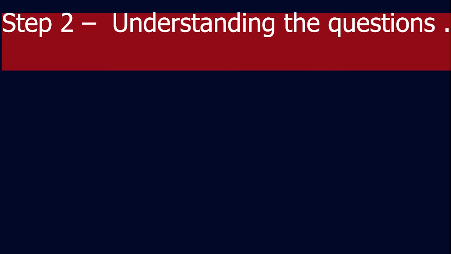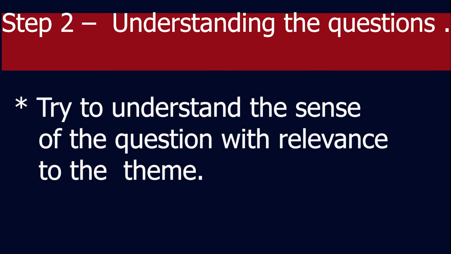Step 2 is understanding the questions. Try to understand the sense of the question with relevance to the theme, or understand the reference or the sense of the question and guess a suitable answer.